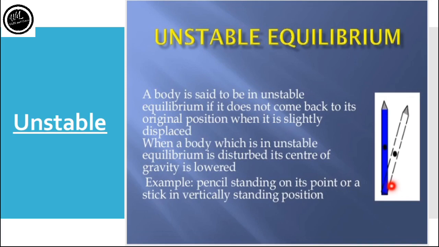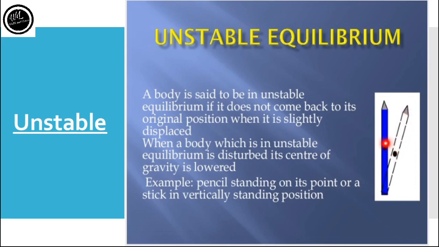We have an example of a pencil here which is in vertical position. Now when I slightly tilt this pencil, you will see that it will not return to its previous position by itself. So when the body does not come back to its previous position, the equilibrium is known as unstable equilibrium.